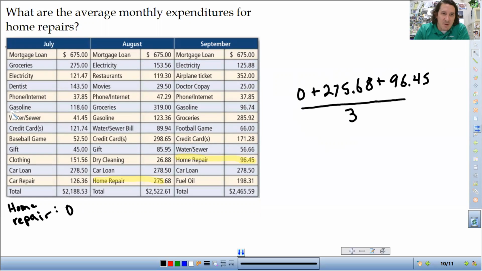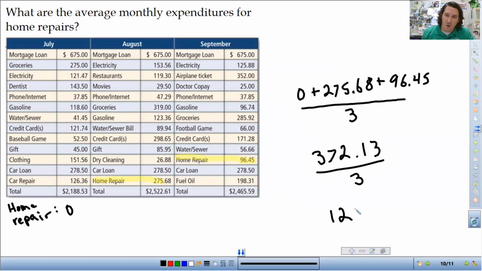Since I didn't spend any money in July, for the average monthly expenditures, you figure in that 0, because that's going to change the monthly expenditures. You add up those numbers: 0 plus 275.68 plus 96.45 is 372.13, divided by 3 is 124.04.